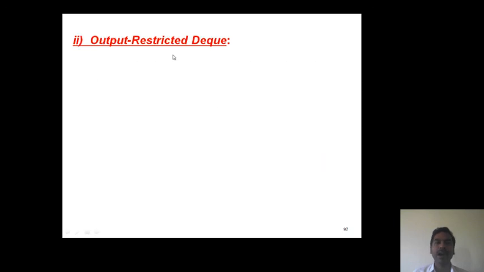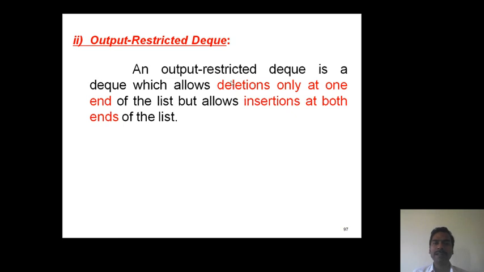Second one, output restricted deque. An output restricted deque is a deque which allows deletions at only one end but insertions at both ends of the list.